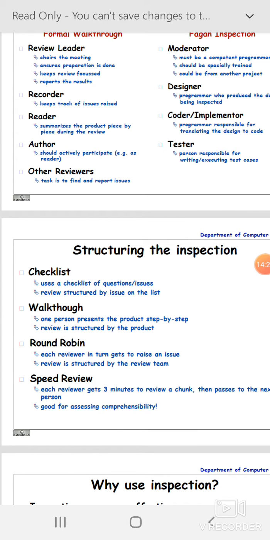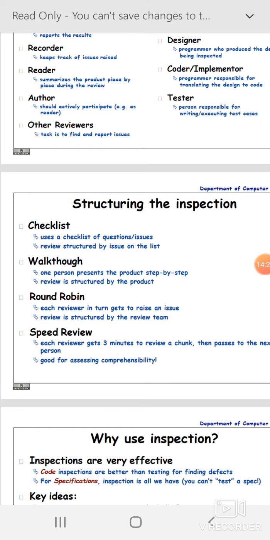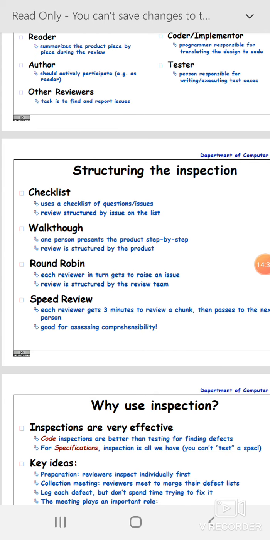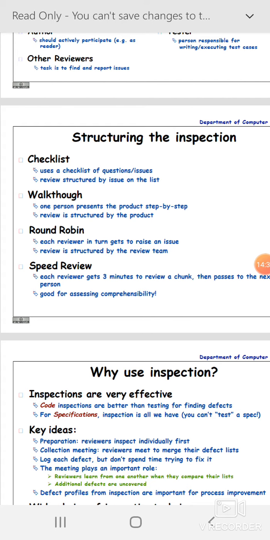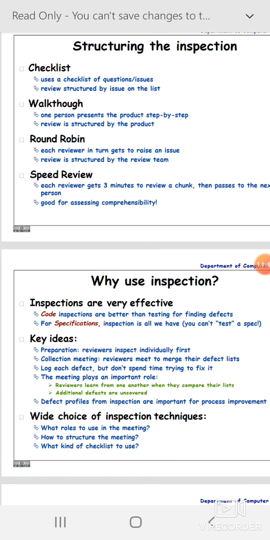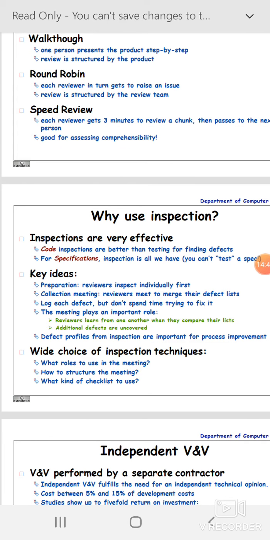Now structuring the inspection can be done with the help of a checklist, walkthrough, round robin, or speed review. So these are the methods through which we can structure the inspection. Why use inspection? Because inspections are very effective. Key ideas: why is it effective?